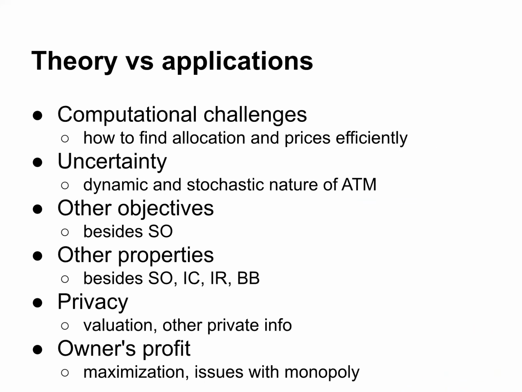Of course, I was talking about theory mostly today, but when we get to real life, there are challenges of how to find the allocations and prices, with what algorithms, how we compute them. What we were talking about today was assuming complete determinism, but we know that ATM and in general the world is stochastic and dynamic. That's not taken into account by the VCG mechanism. There could also be other objectives and other properties besides the ones that we looked at.